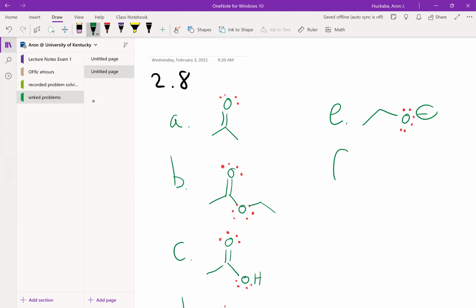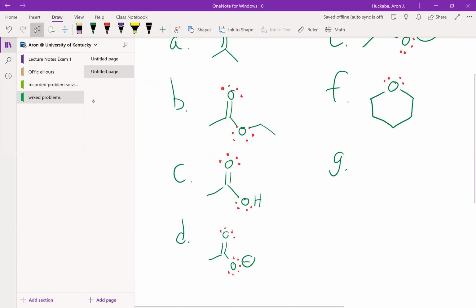In F, this oxygen has 2 bonds and 2 lone pairs. In G, this oxygen has 3 bonds and a charge of +1, so it has 1 lone pair.